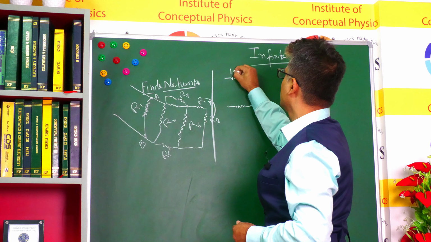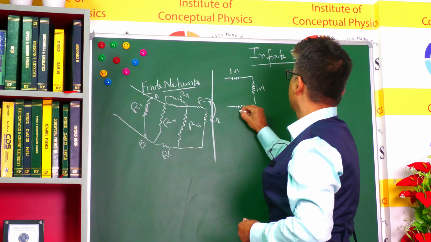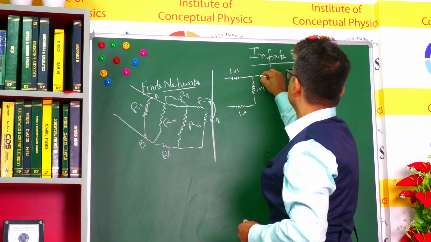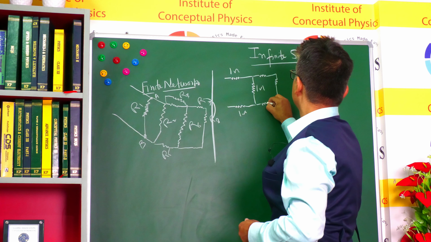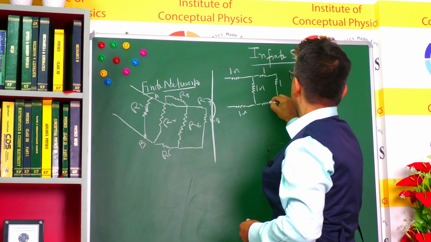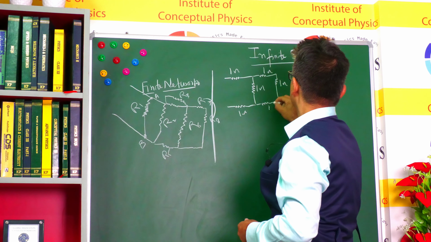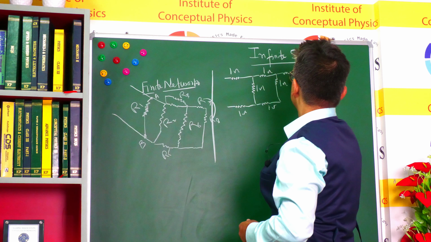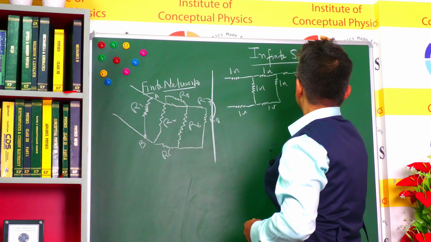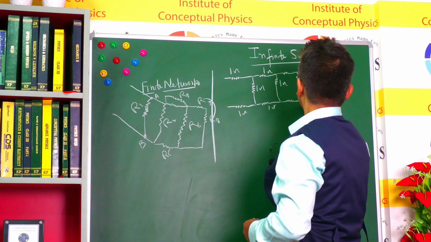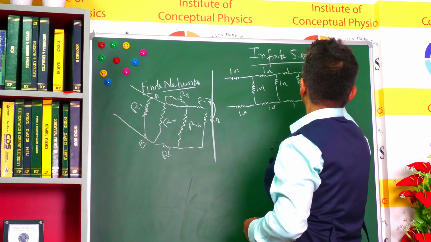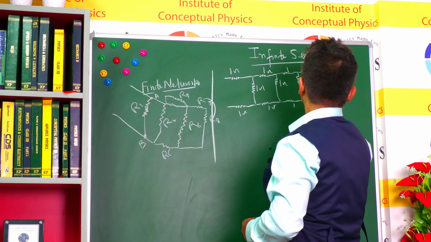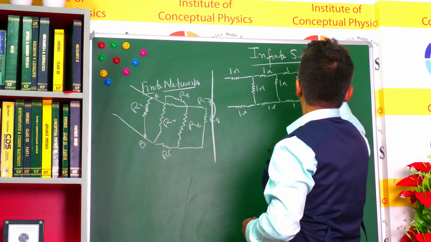So this is your 1 ohm, this is your 1 ohm, and this is your 1 ohm, and I repeat this pattern continuously. You can see I'm drawing 1 ohm, 1 ohm, and 1 ohm, and then this is 1, 1, 1, and this is 1, 1, 1.